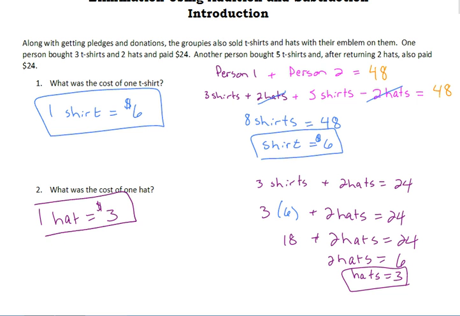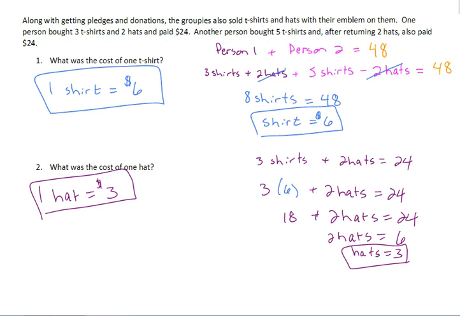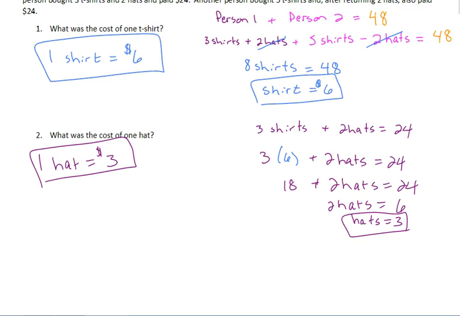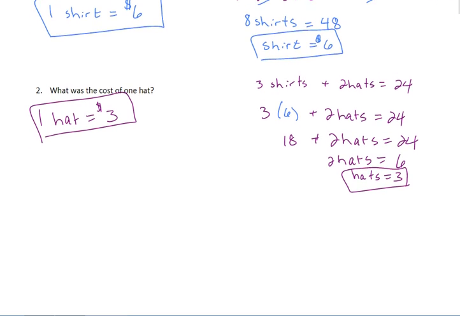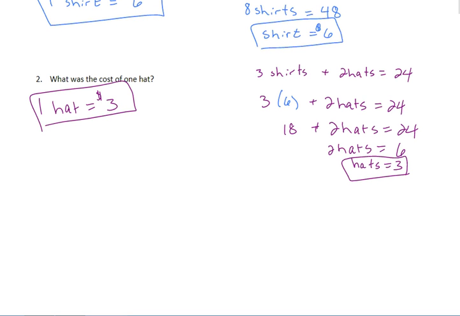Hopefully you realize what we actually just did was we solved a system of equations. We found out that both of them spent $6 per shirt, both of them spent $3 per hat, except this guy decided to give up those hats and give them back. Okay, let's look at this algebraically and see what we did. Our first guy, again, had 3 shirts, I'm going to call them T, plus 2 hats, and he spent $24.